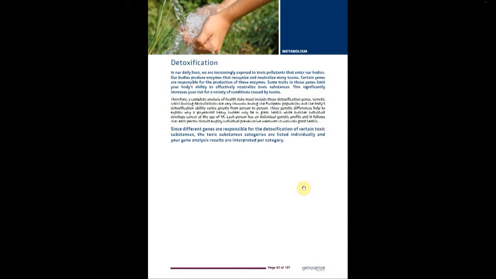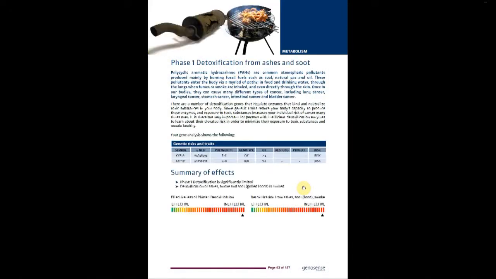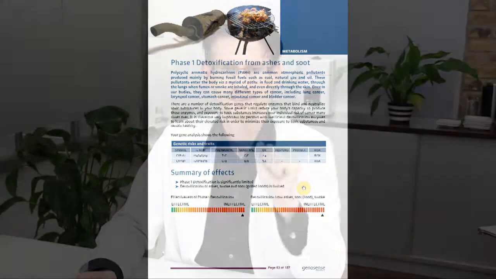All right, let's look at your results. So again, on this page, you will find some general information to read through. And here is phase 1 detoxification. And this is all about ash, soot, smoke and burnt things. So as you know, smoking increases your risk of lung cancer. That is because some of these smoke contents are carcinogenic. They're cancer causing.